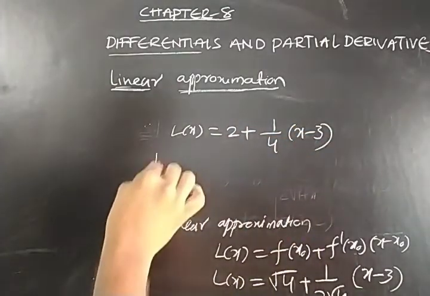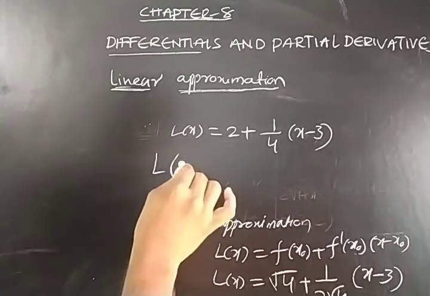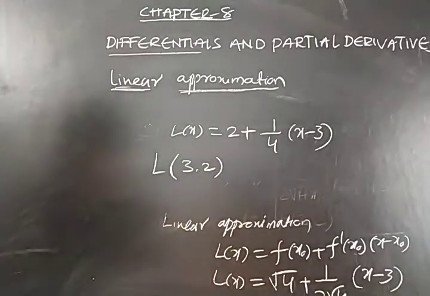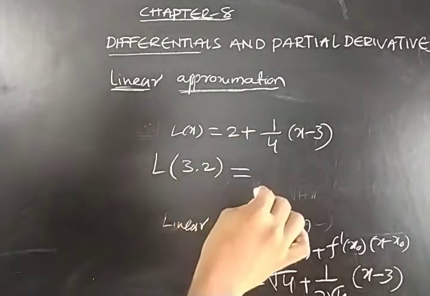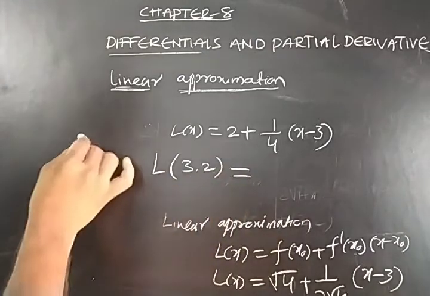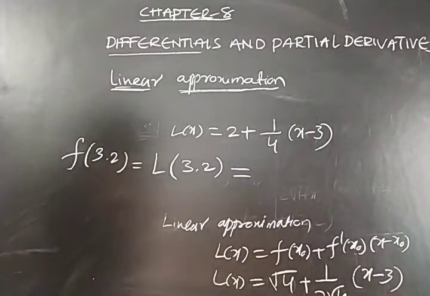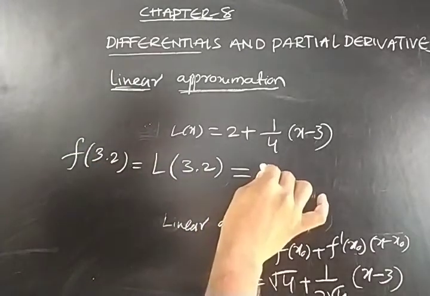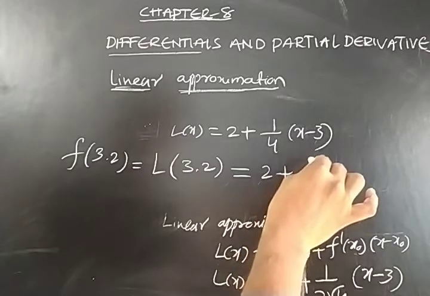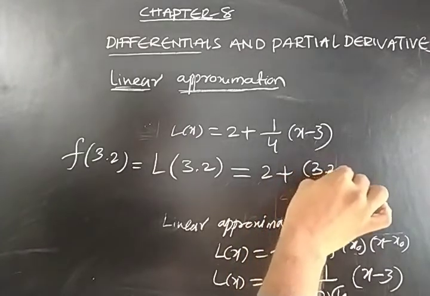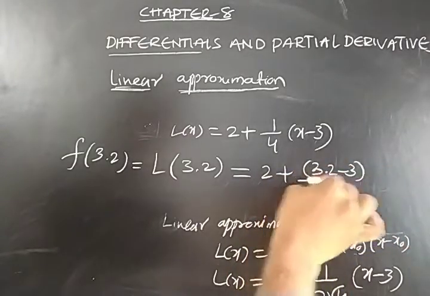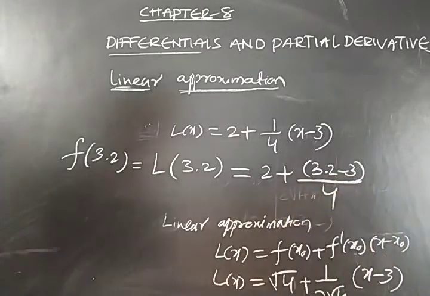Now I am finding the linear approximation value at 3.2. F of 3.2 is approximately L of 3.2, which is 2 plus (3.2 minus 3) by 4.